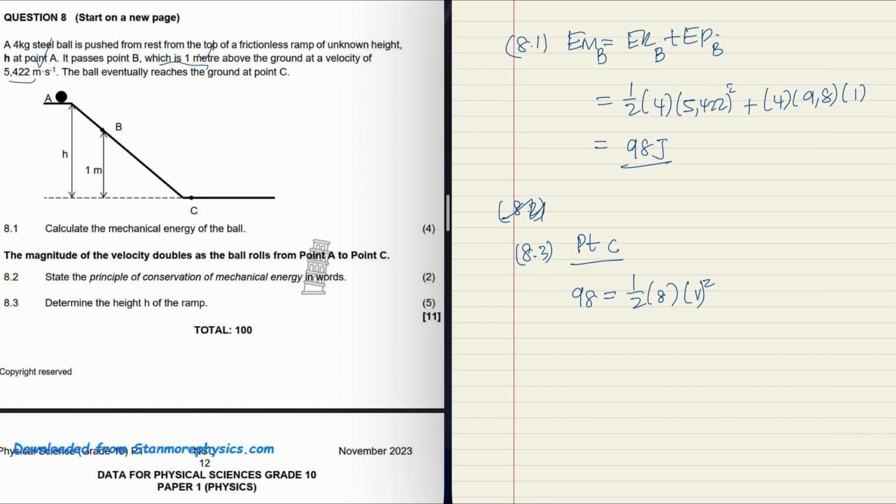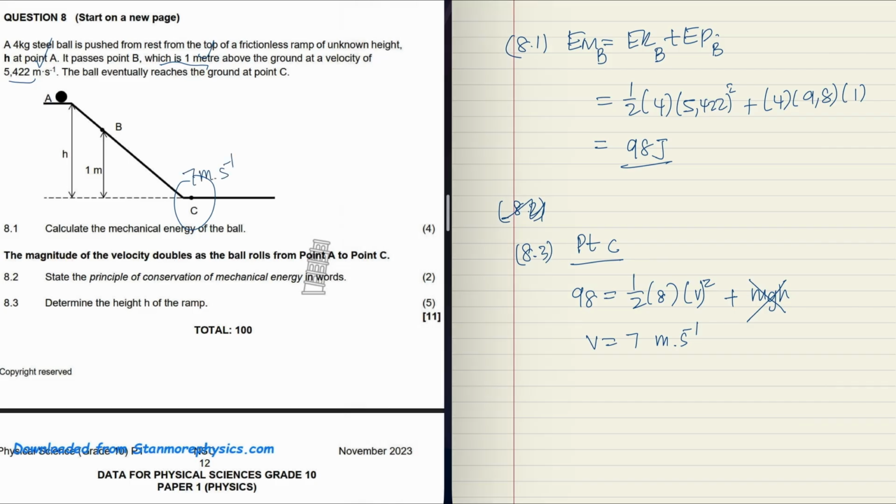We don't know what the velocity is, but we know it's v squared, plus the EP here. The EP is mgh, but point C is on the ground, so the height is 0, so that's going to be 0. So I can now solve for v. So v is going to equal 7 meters per second.